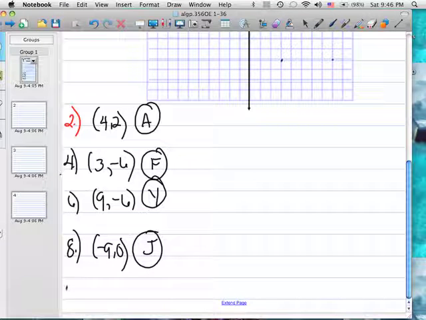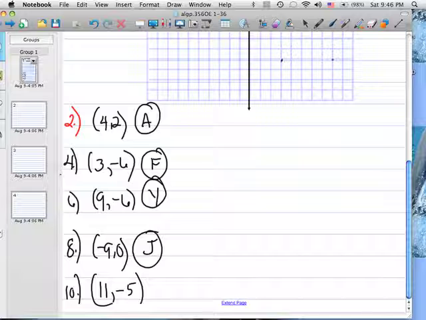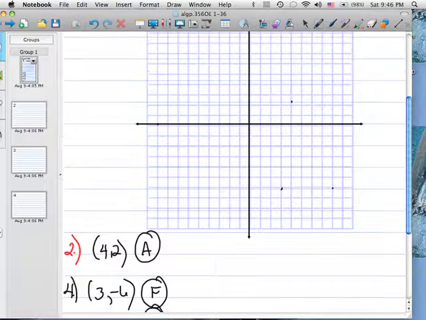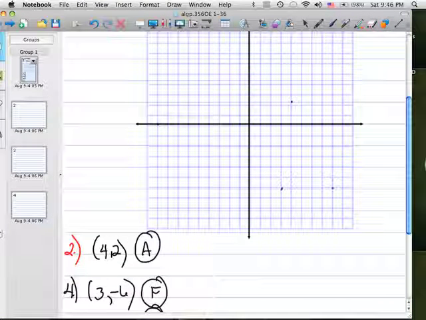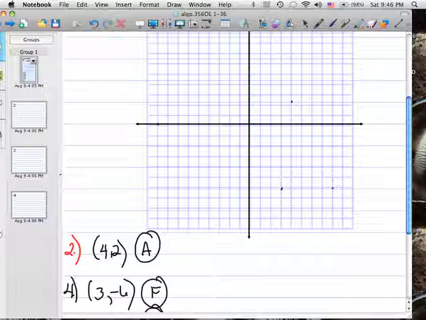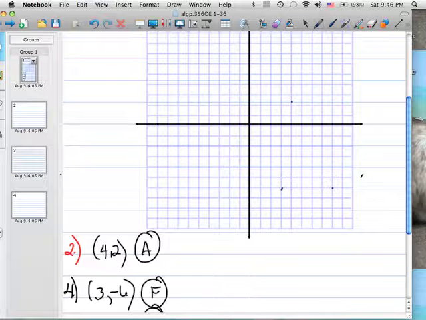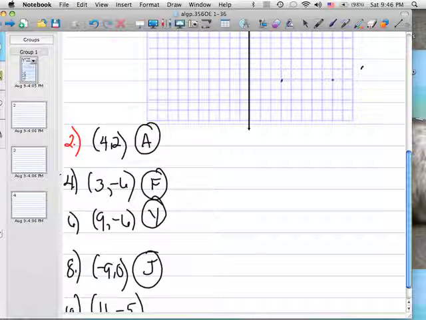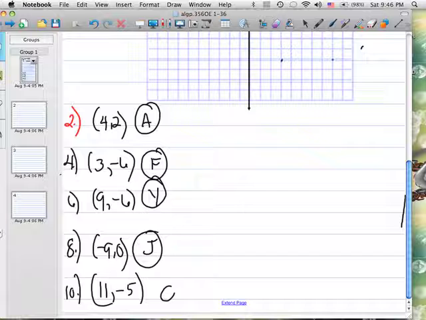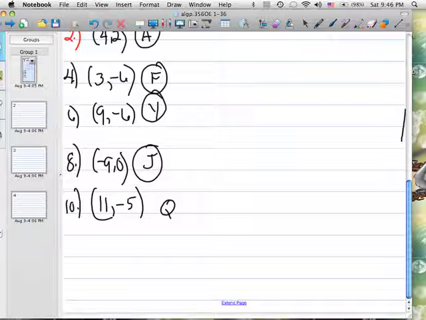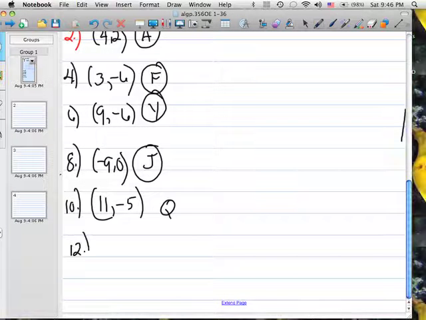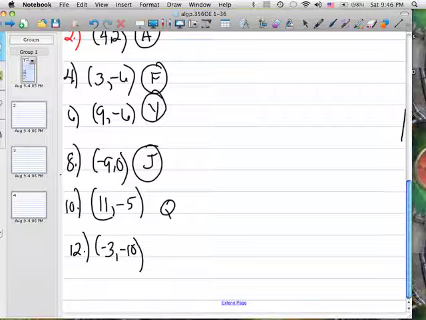Problem number 10, you have 11, -5. So plotting that here, that'd be 11 to the right, 2, 4, 6, 8, 10, 11 to the right, and 5 down would be here, and that would be letter Q. And the last one on this coordinate system, number 12, is -3, -10, so that'd be 3 left and 10 down.